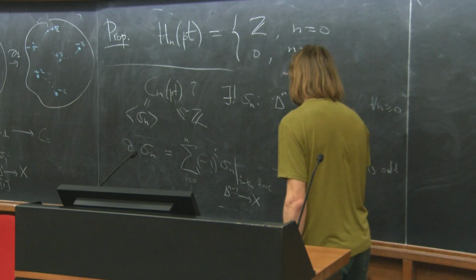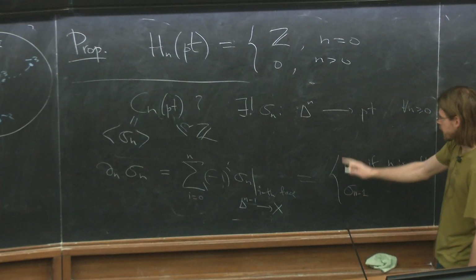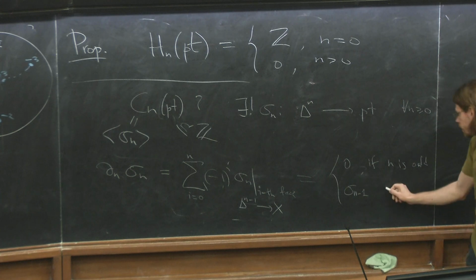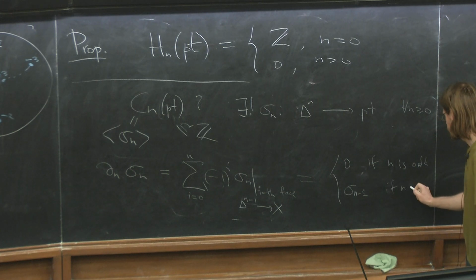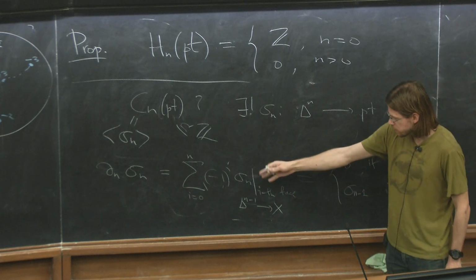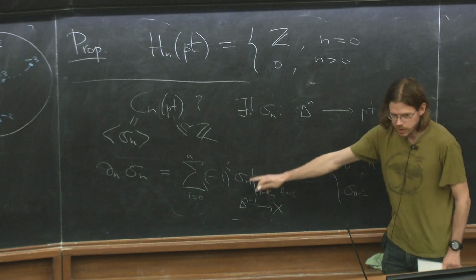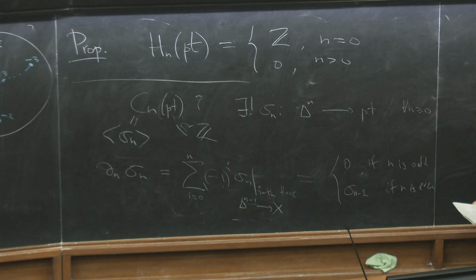Otherwise, if n is even, the result will be sigma n minus 1, a single generator, because they all cancel but one, since there is an odd number of terms with alternating signs. Okay, good.